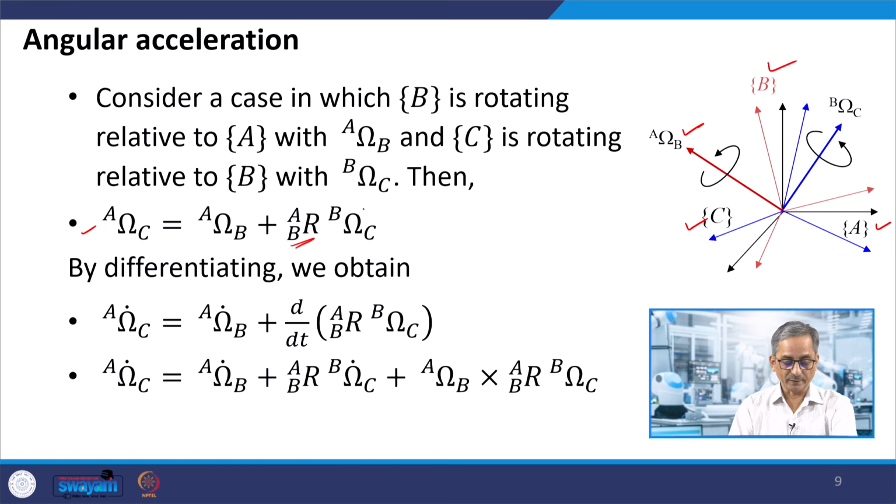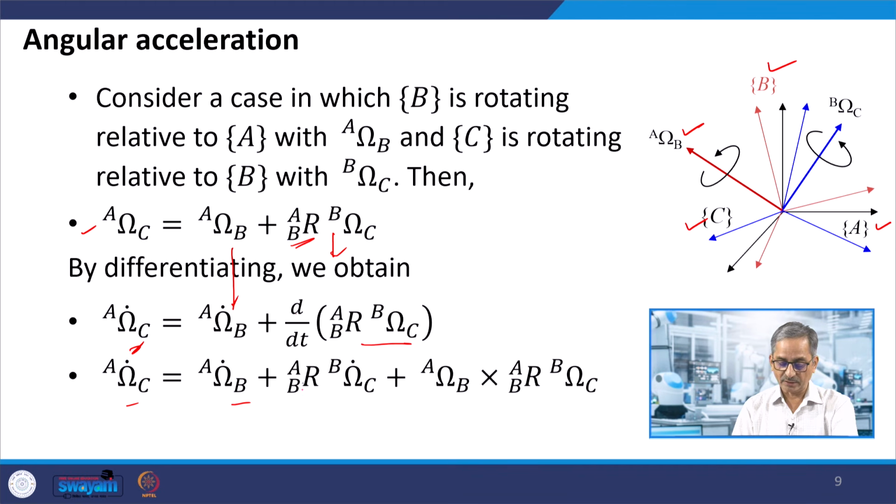So, this is what we can do, and by differentiating, I can get the acceleration term. If I differentiate this, this is d by dt of this complete vector, and for the derivative of this vector I can write the general expression.